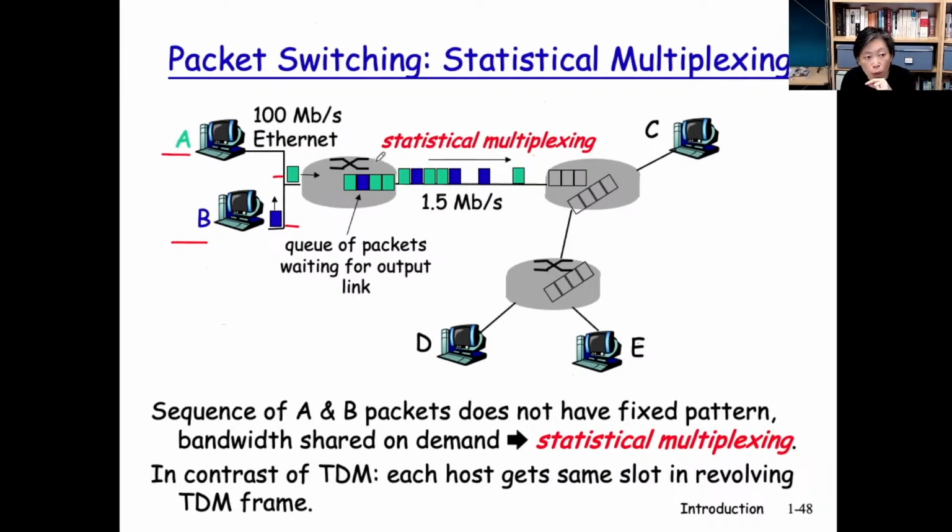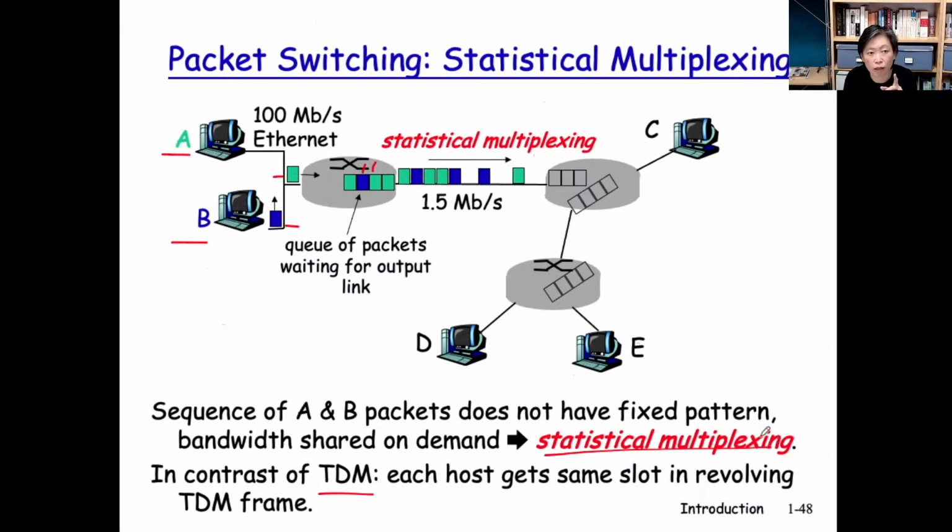So green and blue, they will kind of bunch up or multiplex in a random order. Unlike in TDM, time division multiplexing, where everything goes rotating, rhythmic, having some sort of spontaneous behavior in it is statistical multiplexing.